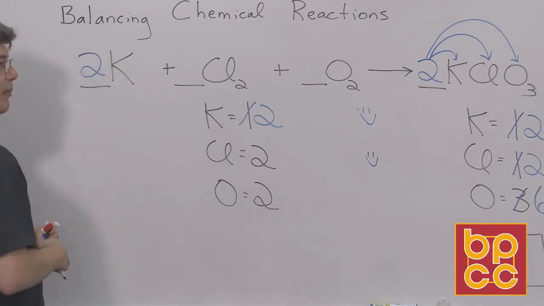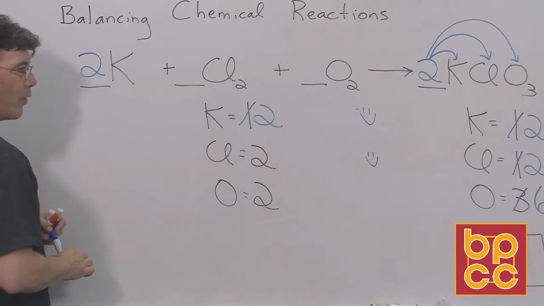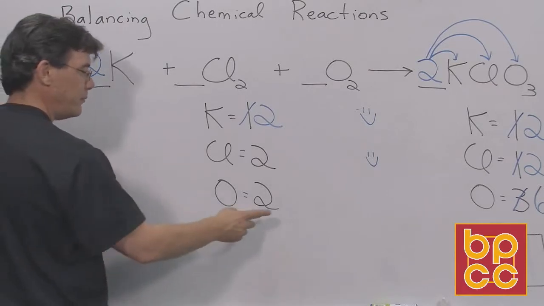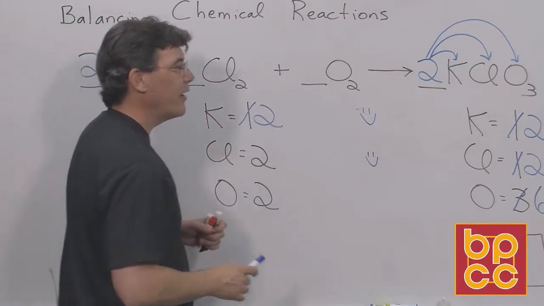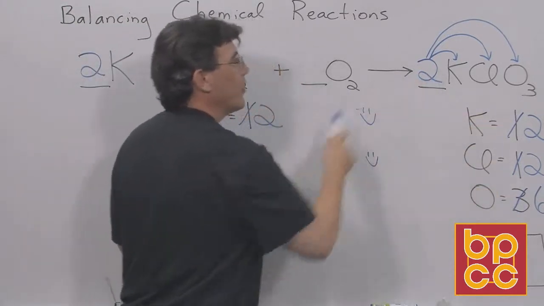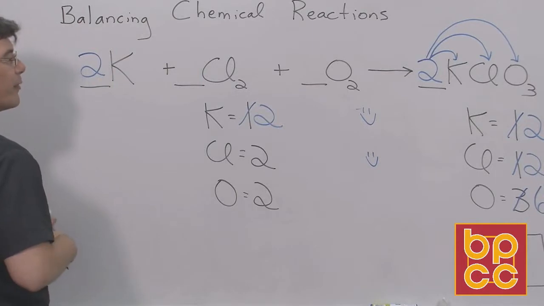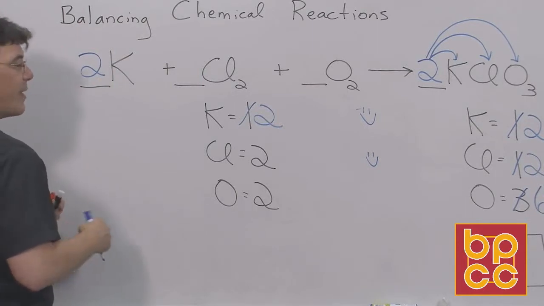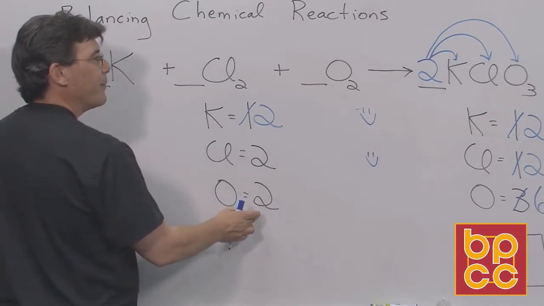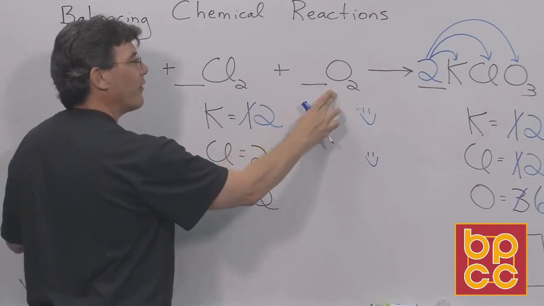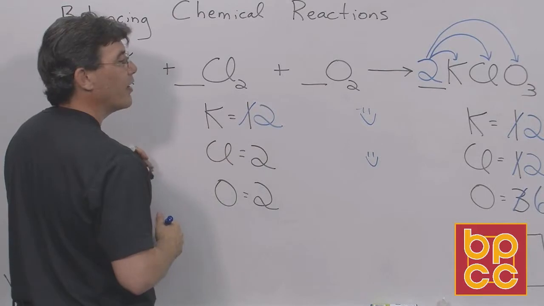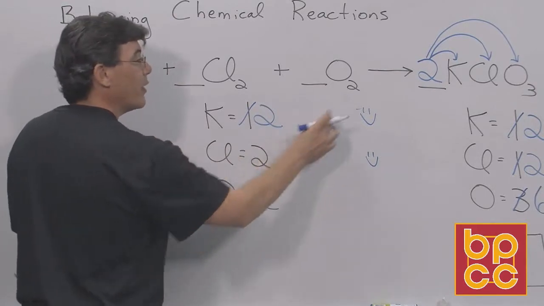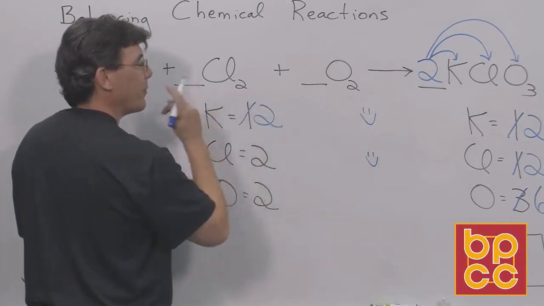Okay? So 2 elements are now balanced. Now we look at the last remaining one, in this case the oxygen. We've got 2 oxygens still on the ingredient or reactant side, and remember, we have 6 from our 2 out in front before. To make 6 oxygens on this side, well, here's oxygen all by itself. And you'll find that elements all by themselves on either the reactant or the product side are real useful because we don't end up taking a step backwards by messing something else up.